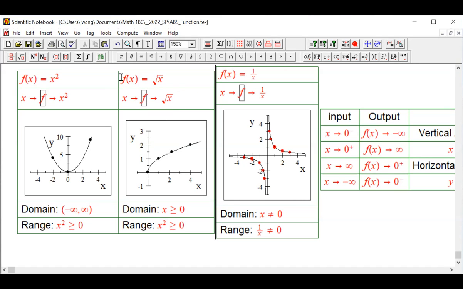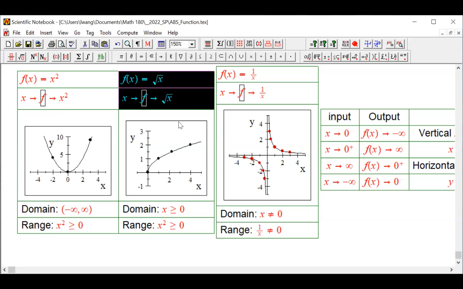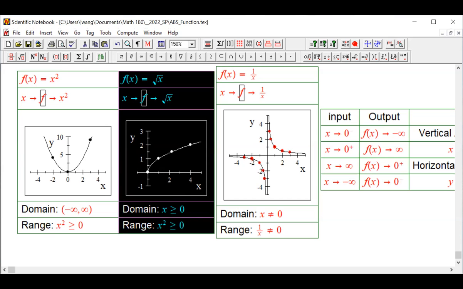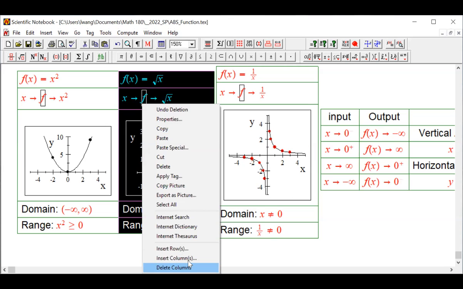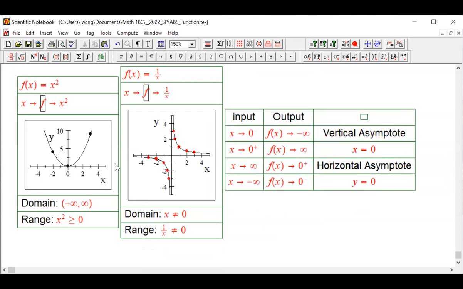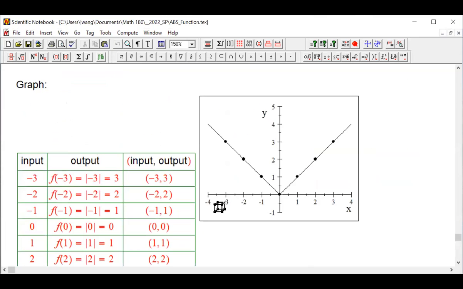And now I'm going to insert the absolute value function somewhere here. I'm going to put it right next to x squared. Okay, I want you to think about, why do I do that? Why do I do that?